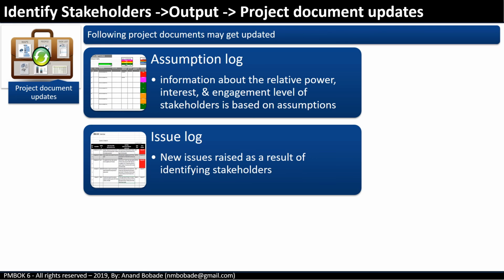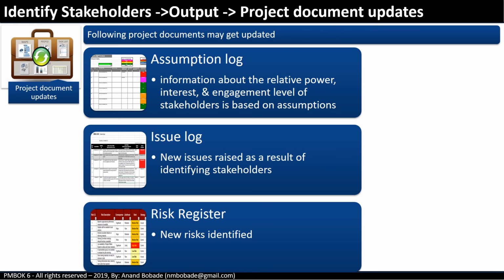Issue log: new issues raised as a result of identifying stakeholders are recorded in the issue log. Risk register: new risks identified during this process, as well as any changes to existing risks, are recorded in the risk register.